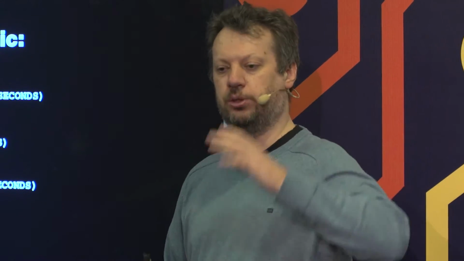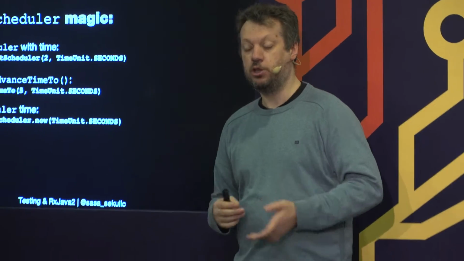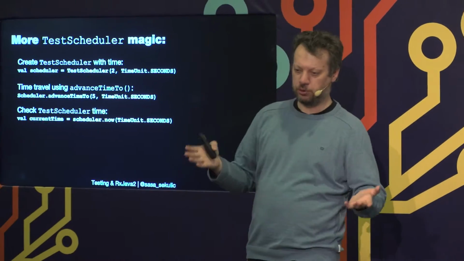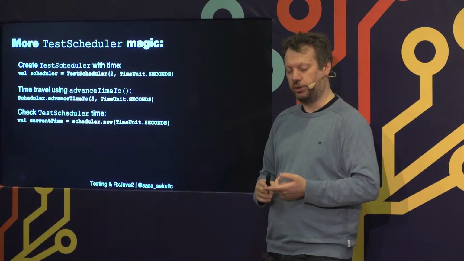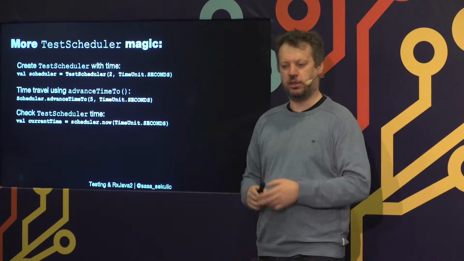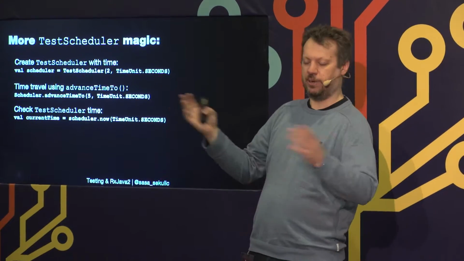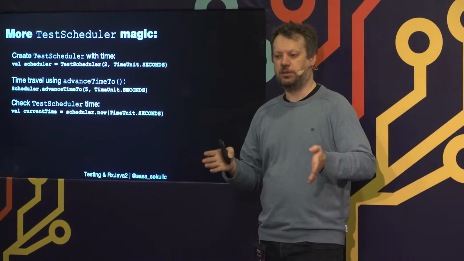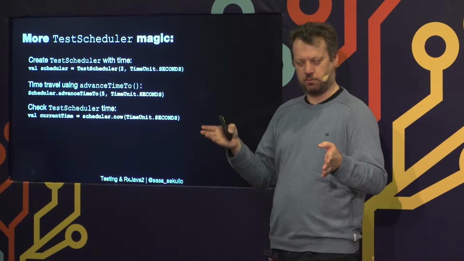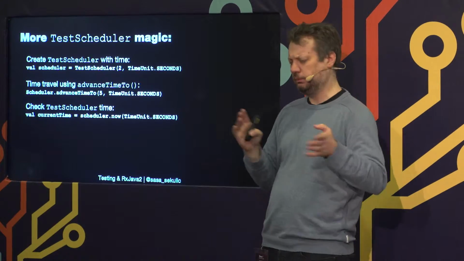So with this, you have schedulers. You can say, okay, just do this on I/O, do this on UI, do this on computation. You don't have to set up thread pools because computation and I/O already have their own thread pools, and I/O is unbounded, which means you can have as many as you want. Computation is limited to the number of CPU cores divided by 2. That's how it was at the beginning.